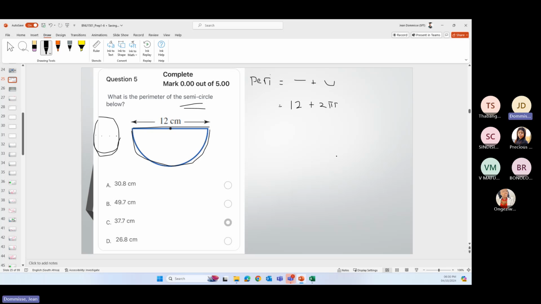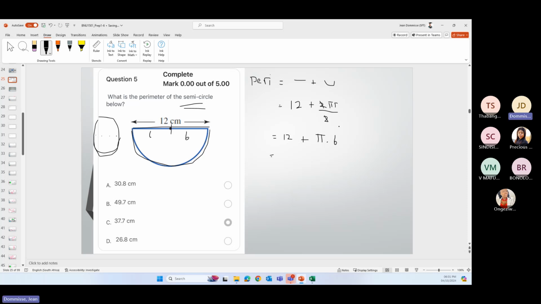So if it is a half circle, it's just divided by 2. Okay, so we've got that long side, which is 12, plus then, so those two cancel out, so we can actually just say we sit with pi times radius. So pi times radius, and radius is half of that, so radius is 6.